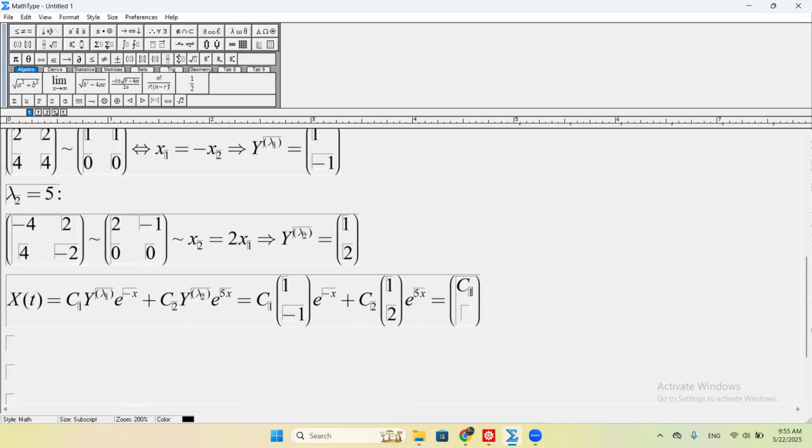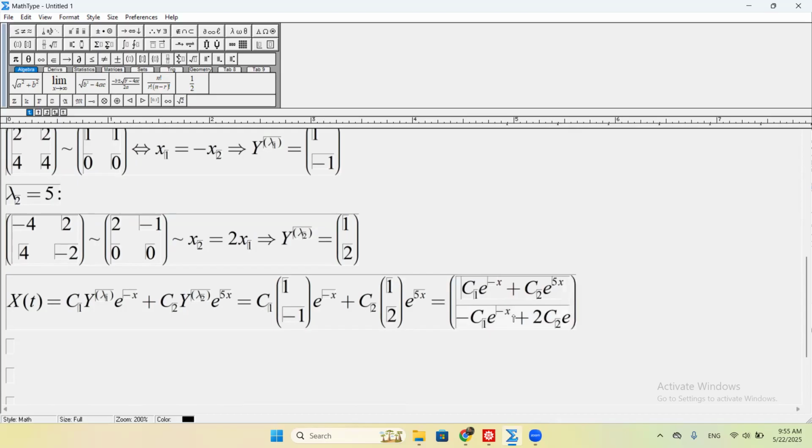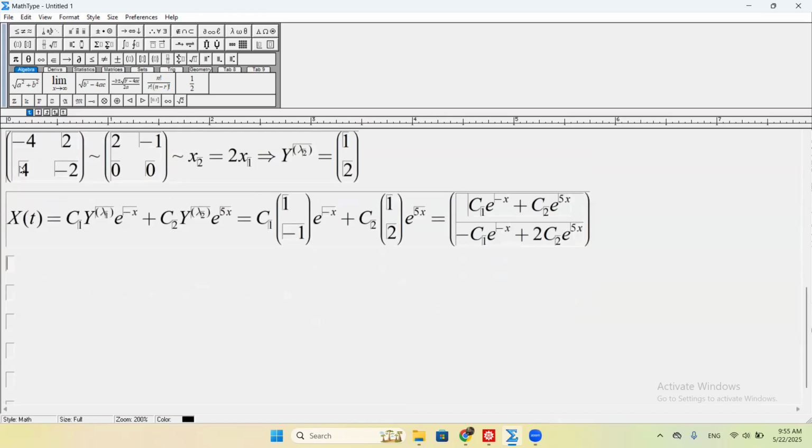So C1 e in power of minus x plus C2 e in power of 5x. And here minus C1 e in power of minus x plus 2C2 e in power of 5x. So this is the solution of the system.